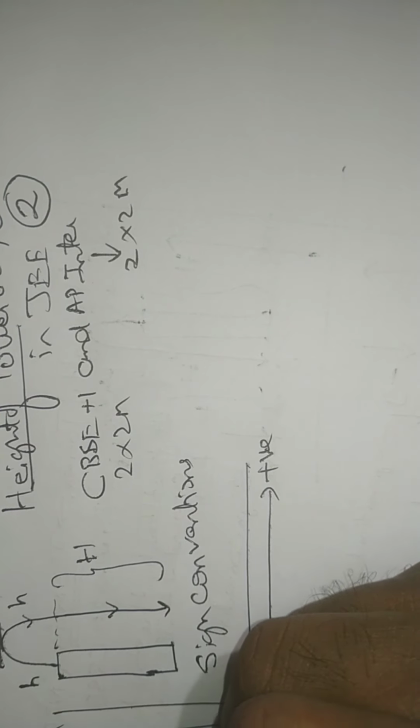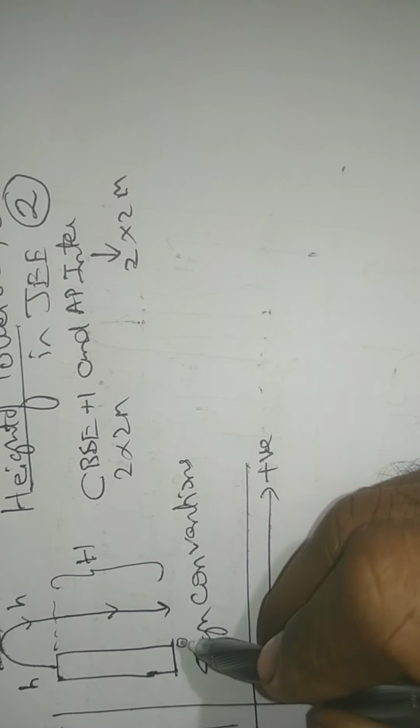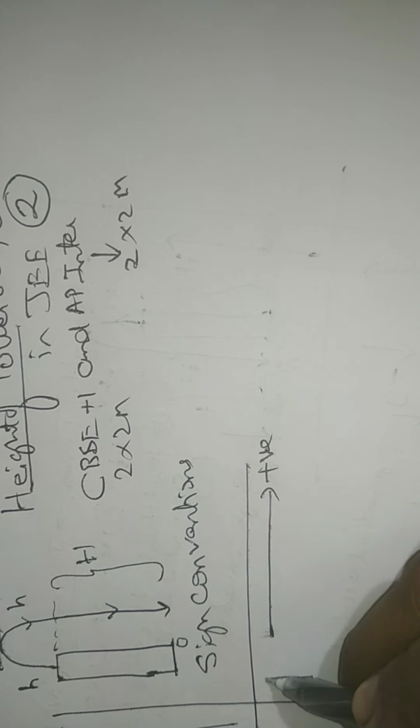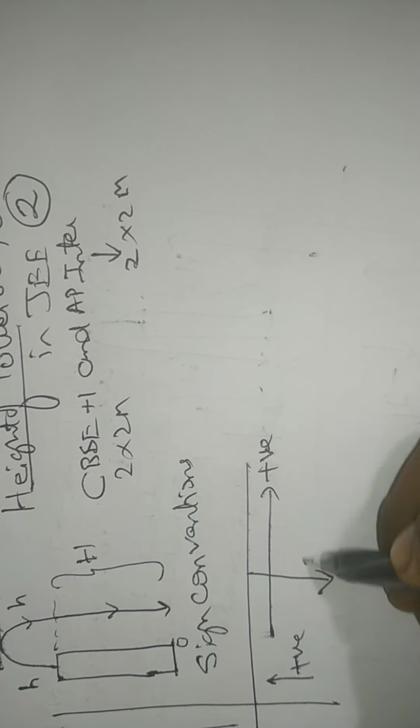Assuming this is your 0, the sign convention is that all upward quantities are positive, and all downward quantities are negative.